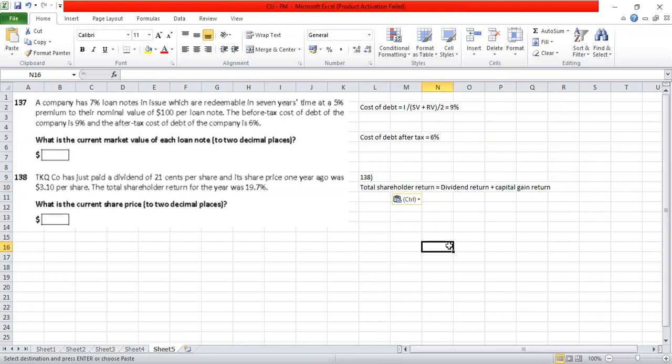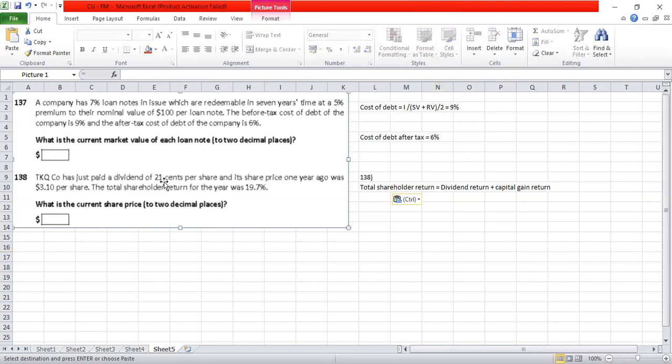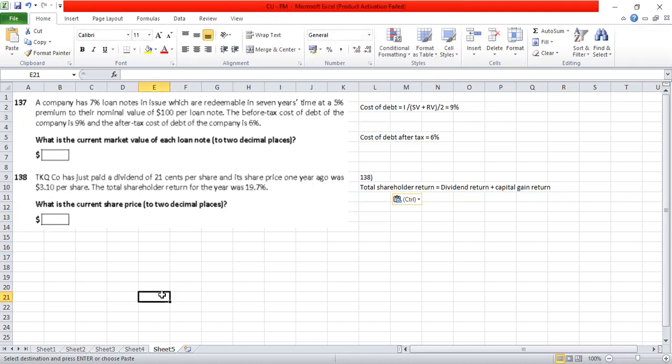They just paid a dividend of 21 cents, and the share price 1 year ago was 3.10, so the dividend return is 21 cents out of 3.10. The second part is capital gain, the difference in the price divided by the investment at the beginning. So overall, the total shareholder return is 19.7%.